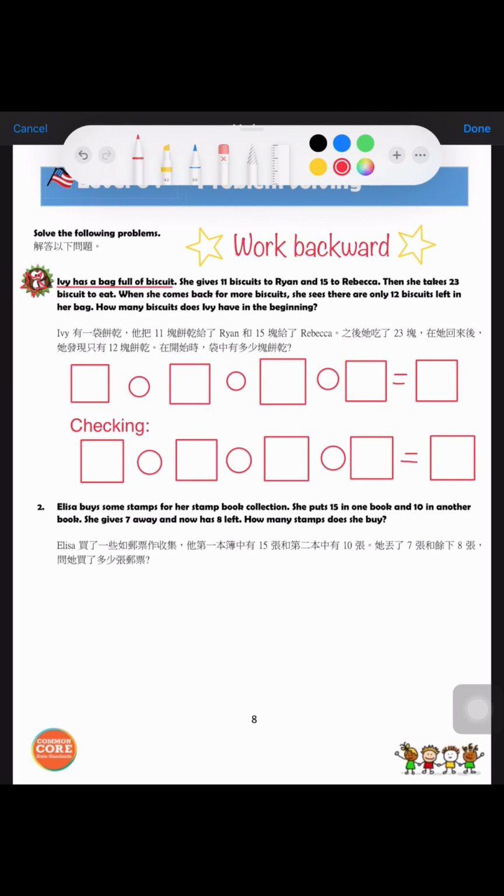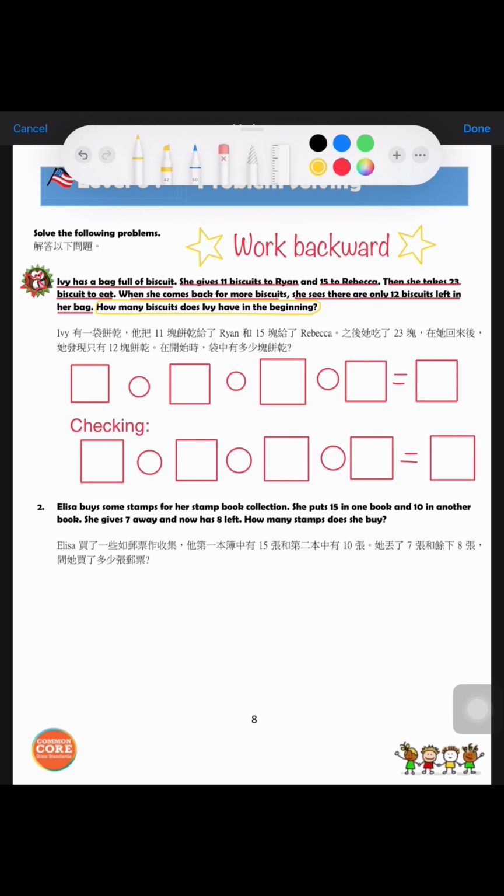She gives 11 biscuits to Ryan and 15 to Rebecca. Then she takes 23 biscuits to eat. When she comes back for more biscuits, she sees that there are only 12 biscuits left in her bag. So how many biscuits does Ivy have in the beginning?